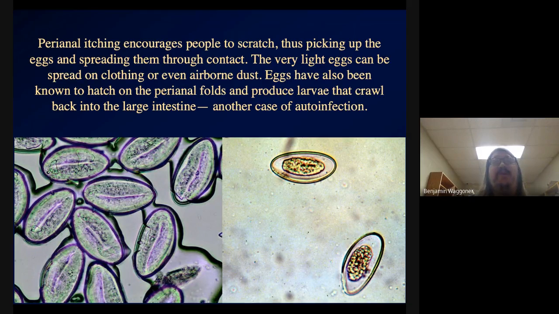So this spreads very easily. Eggs can even auto-infect. They might hatch on the perianal folds, and the larvae may crawl right back in and auto-infect the same host. As we've seen, auto-infection isn't that common, but pinworm is a case that sometimes does it.